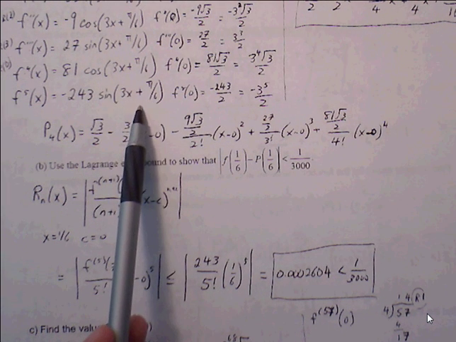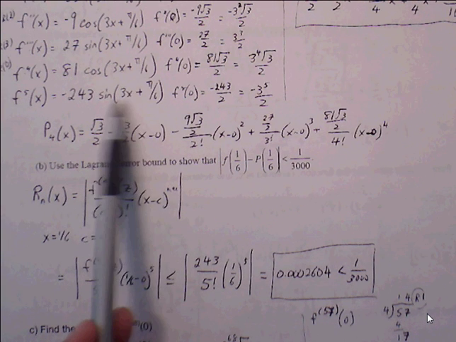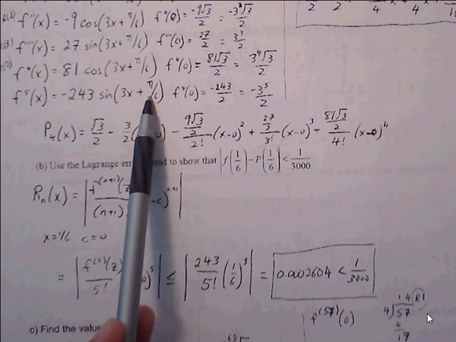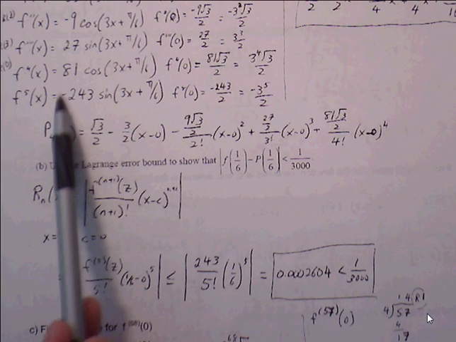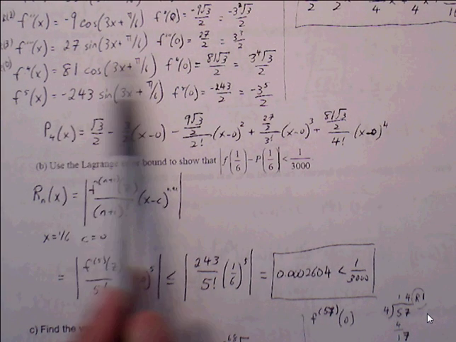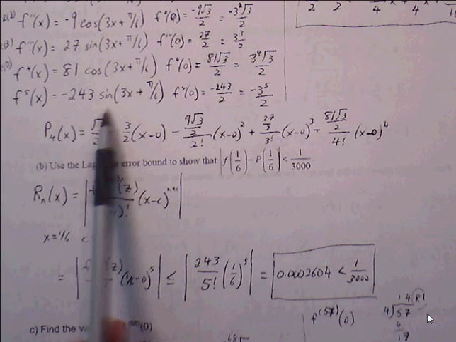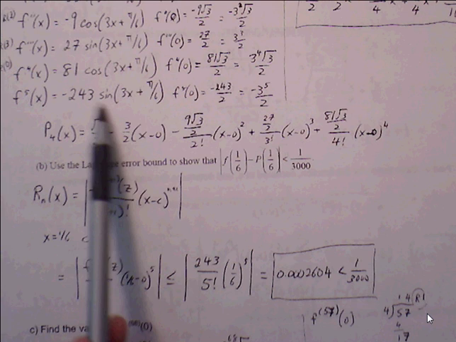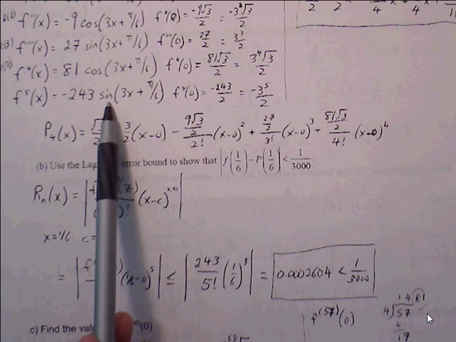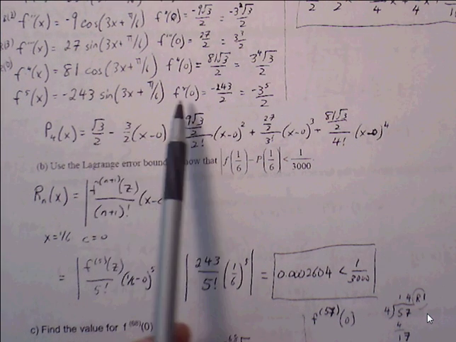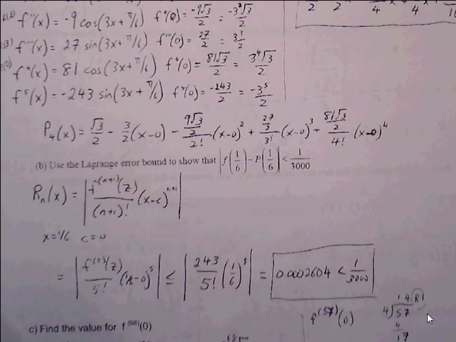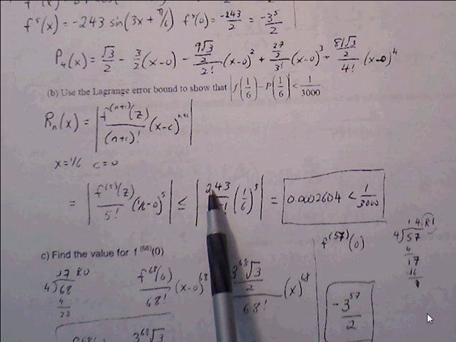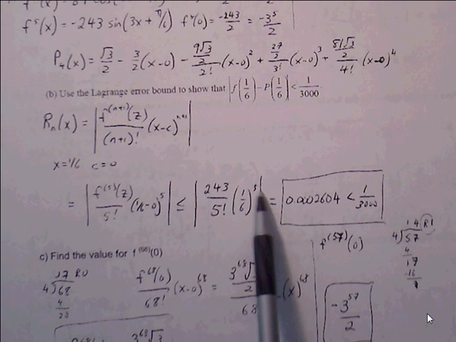Because it oscillates between -1 and 1, nothing will ever be greater than 1 in absolute value, which means 243 is the largest this expression could be, since we're either multiplying 243 by 1 or by a decimal between -1 and 1. Those absolute values will be less than 243. So we know 243 is the largest this expression can be, over 5 factorial times 1/6 to the fifth.